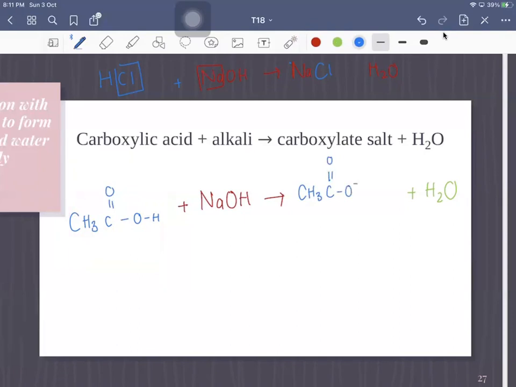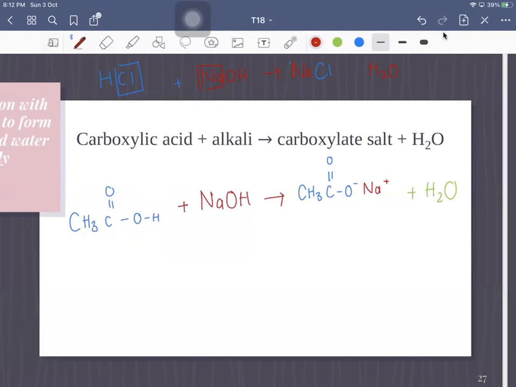So my anion would be CH3COO minus, and the counter ion would be a cation that comes from the alkali, and that happens to be the sodium ion. When this negative ion and positive ion combine, they become a neutral species. You can write it with or without the charges.